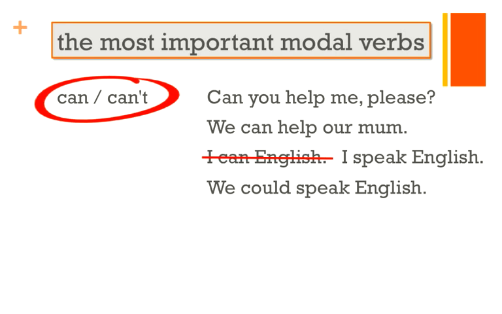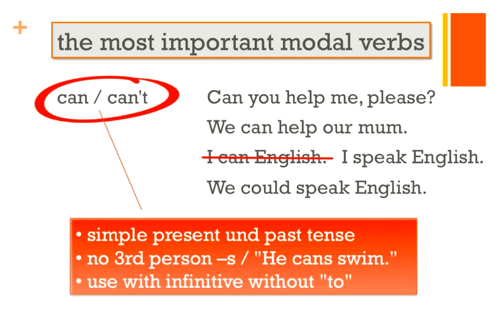So what are the most important things for the can? It can only be used in the simple present and in the past tense, which is the could here. There is no third person S. Please remember this. He can swim is not correct. The S goes out. It's just he can swim.